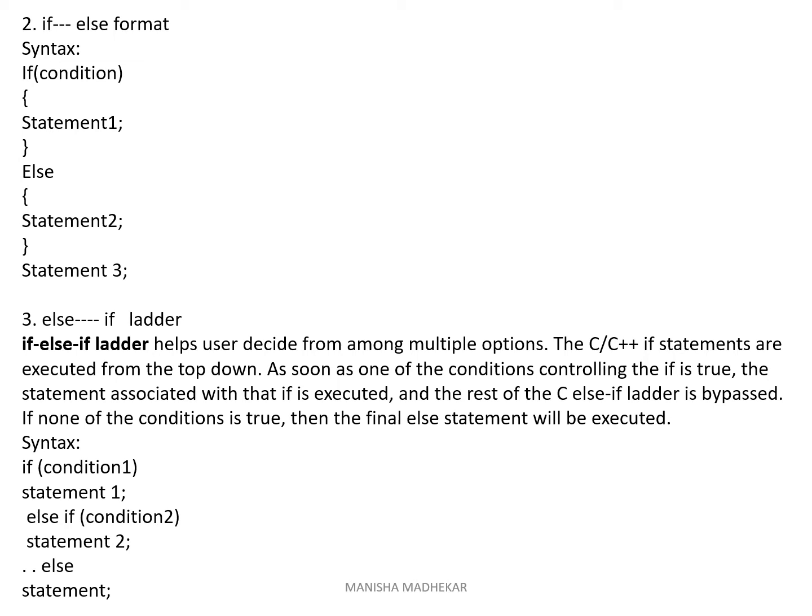Here in this example, that is the else if ladder, suppose we are comparing the number a, which is equal to 4, with the numbers between 1 and 5. So if a is equal to 1, it will display statement 1. Else if a is equal to 2, it will display statement 2.